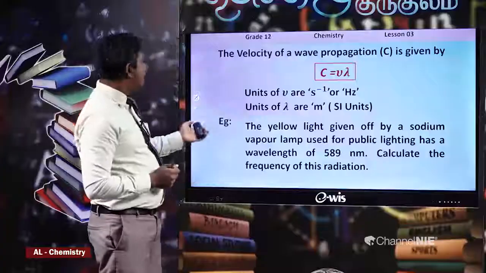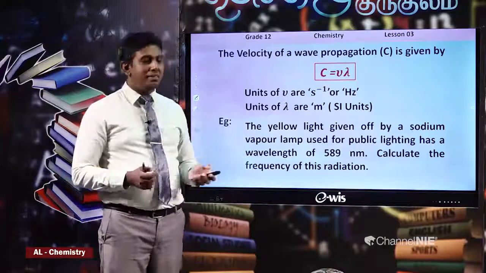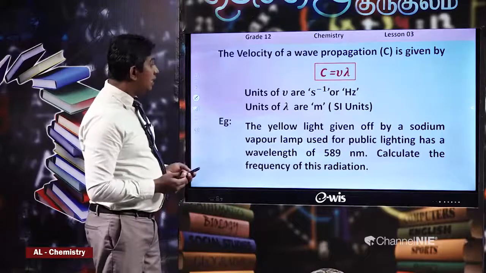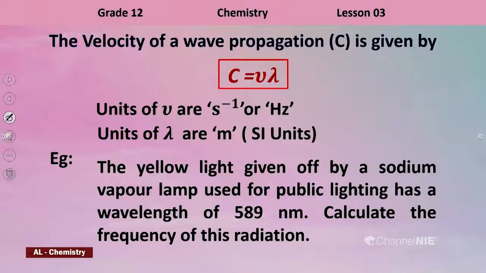So this is an example question. Students, it's given that the yellow light given off by a sodium vapor lamp used for public lighting has a wavelength of 589 nanometers. Calculate the frequency of this radiation.